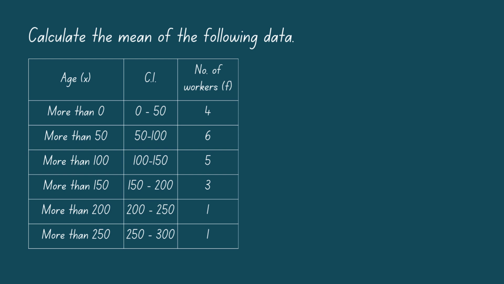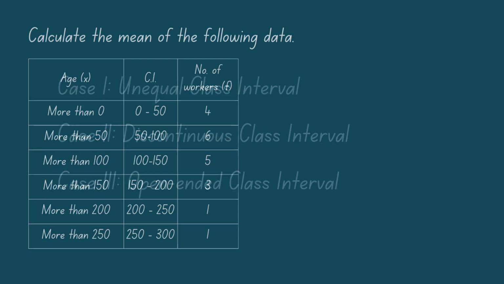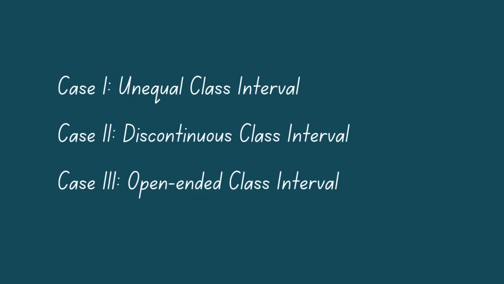That's all for today. Let's do a quick recap. We looked at 3 special classes for calculating the arithmetic mean of the grouped data. Case 1 was unequal class intervals, where the class width was not uniform. These are completely fine. We just calculate the midpoint for each class as usual and apply the method, either direct method or the assume mean method.